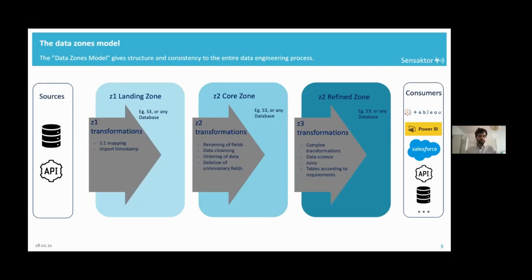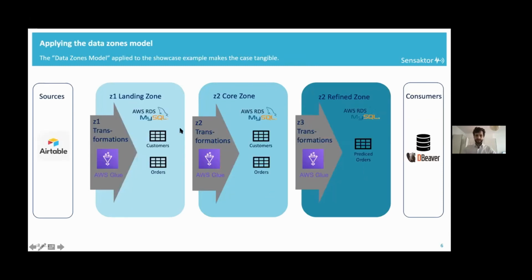So to give you a more tangible view on this, I'm going to apply the data zones model to our showcase example that we are discussing in the second round in more detail.